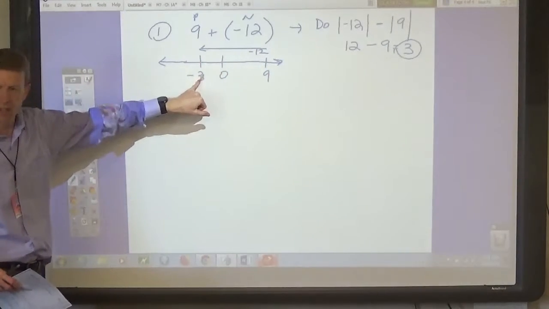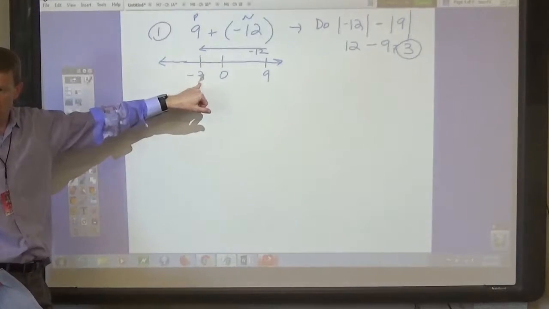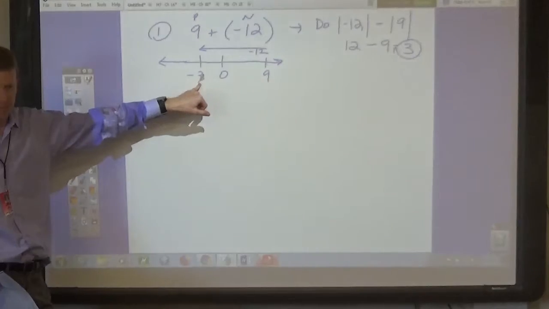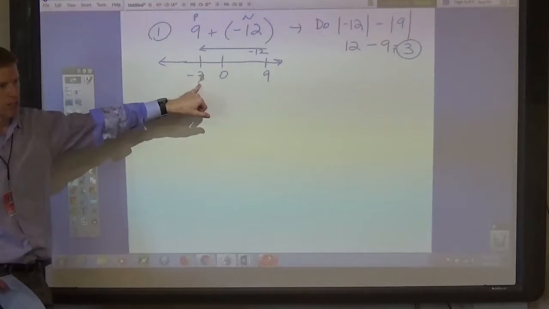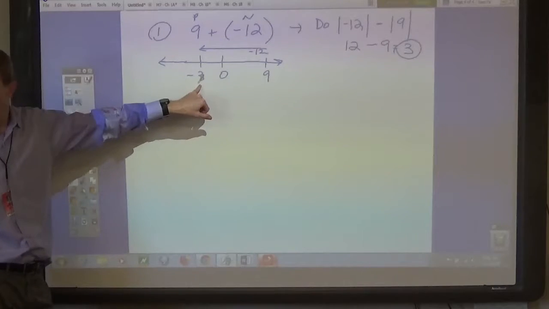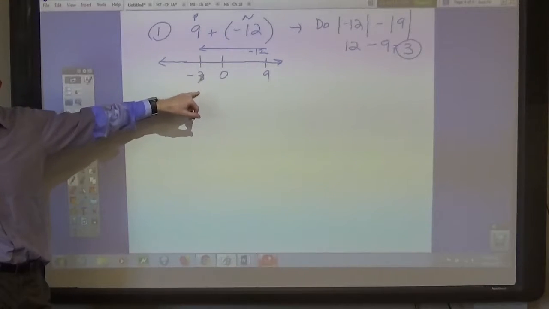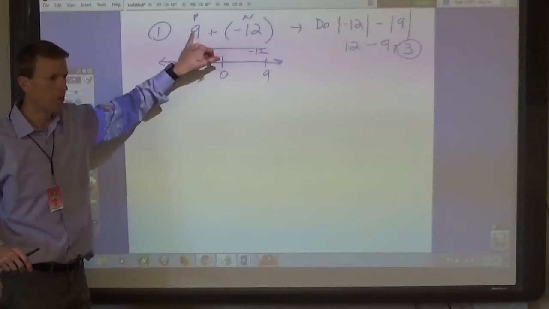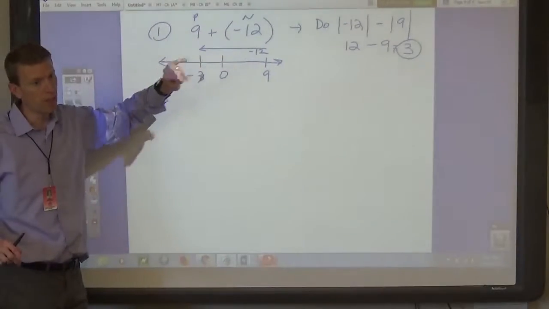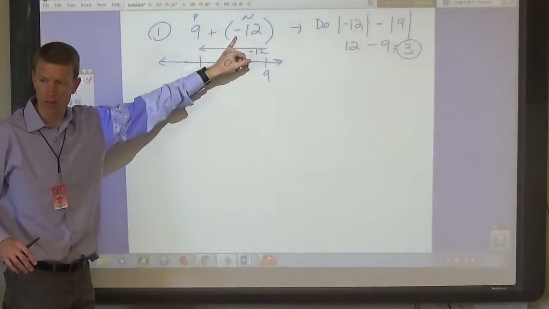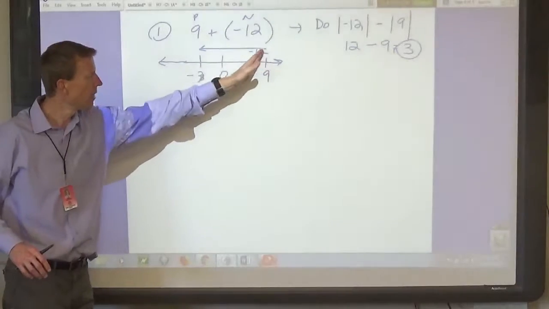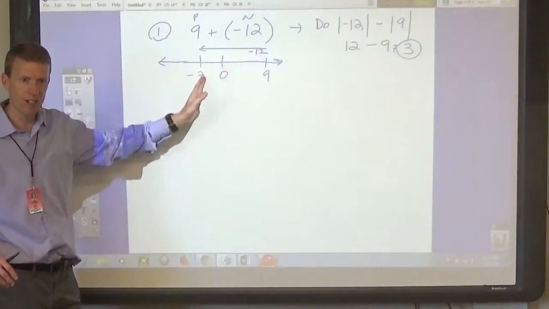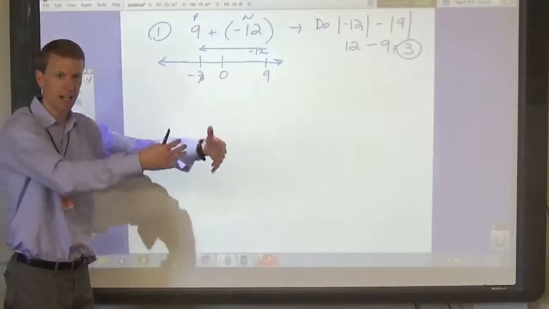That will tell you whether your answer should be negative or positive. Those are the hardest ones to think about. It's really more about the greater absolute value. If the absolute value is more, then you're going to end up on the opposite side of 0.